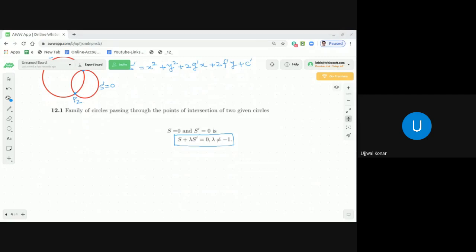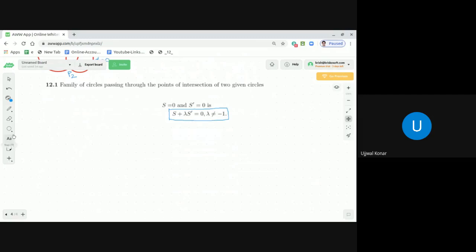Now the next point is the family of circles passing through the point of intersection of a given circle S equal to 0 and a given line L equal to 0. It is also possible. Suppose you have a circle something like this, drawn in red, and also you have a straight line.